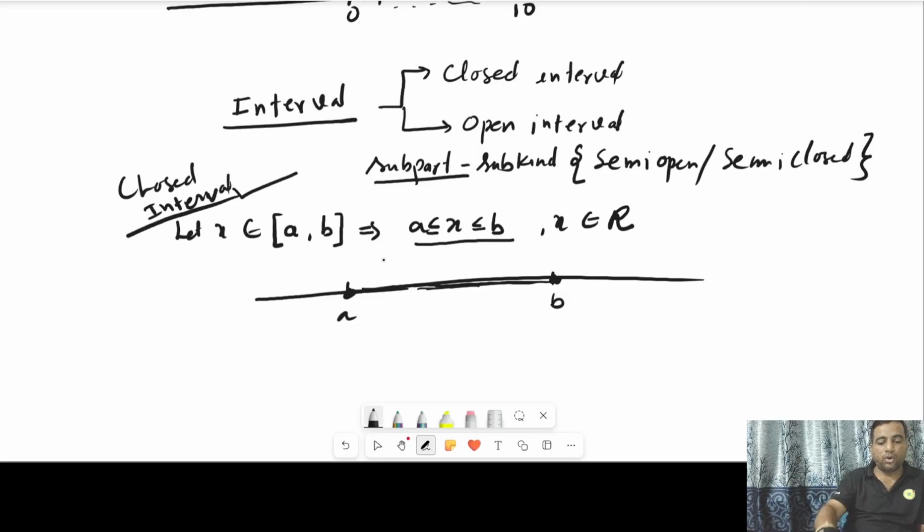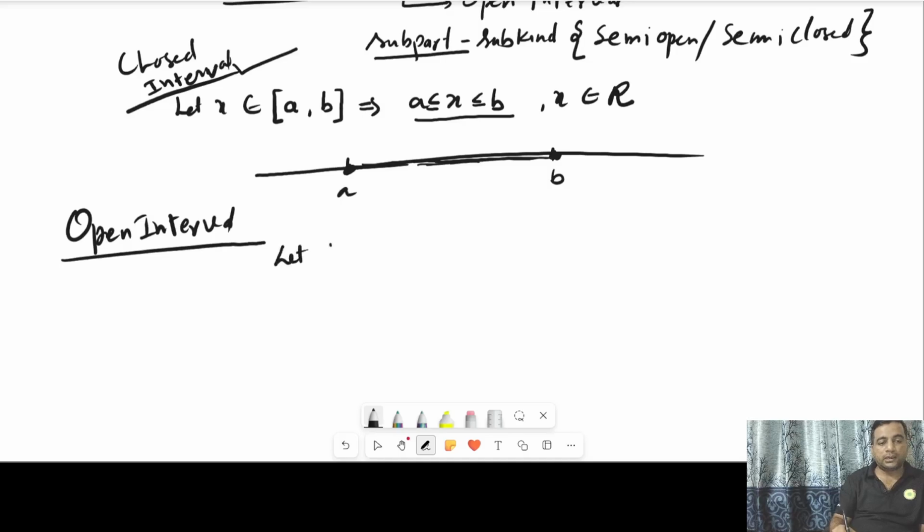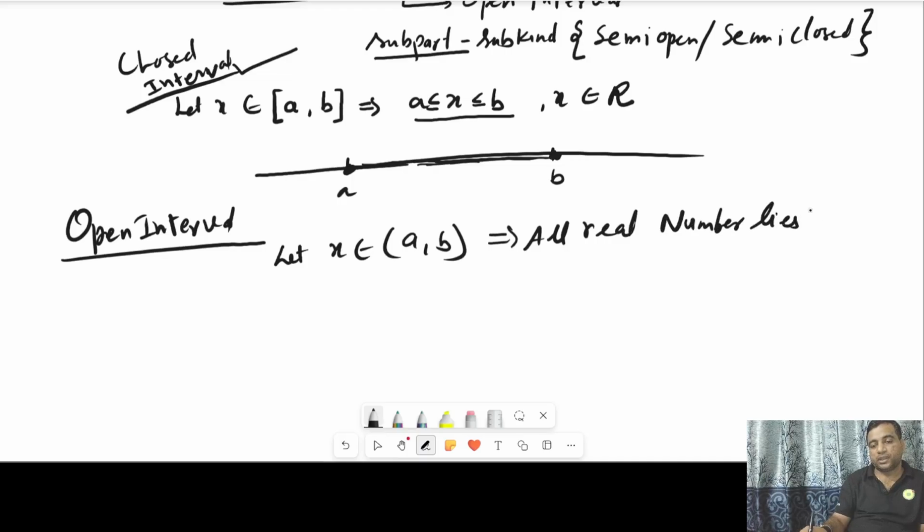Now, open interval. Open interval means let x belong to a to b, and from both sides we put a small bracket. This represents that all real numbers lying between a and b, meaning x is strictly greater than a and strictly less than b.